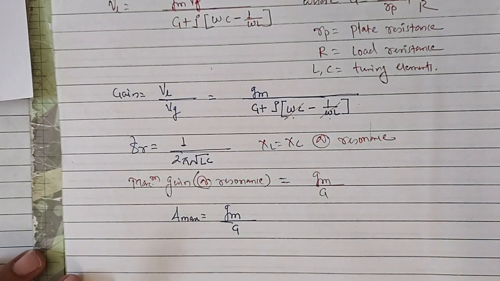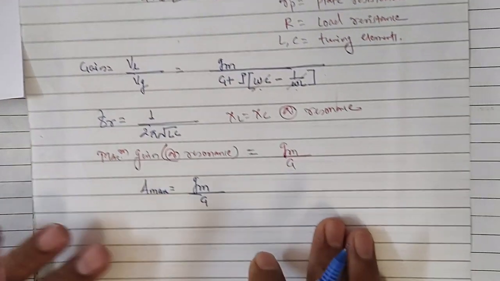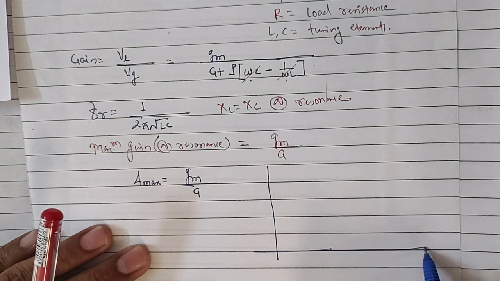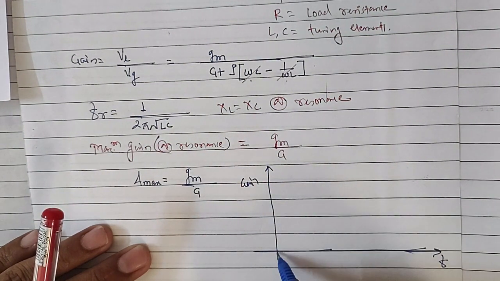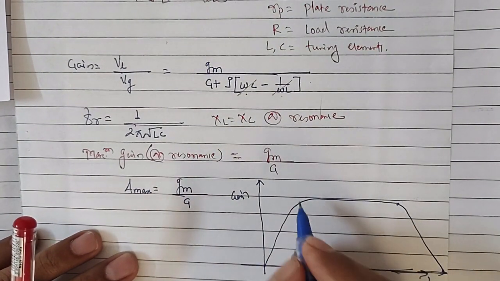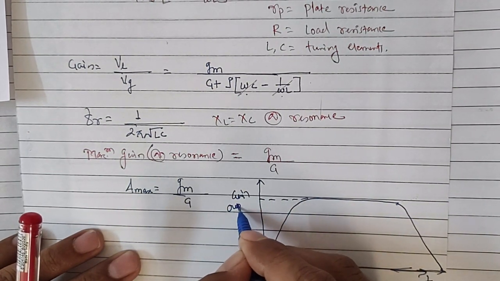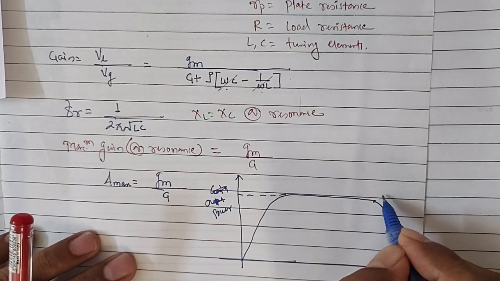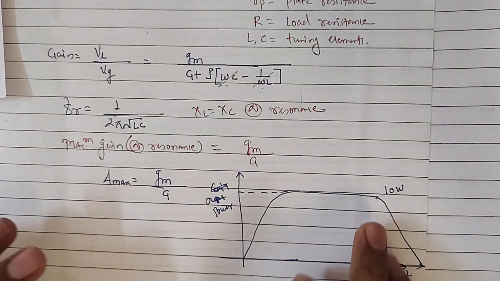Now this is about maximum gain, and now we have to talk about bandwidth. As we discussed at the start, how do we measure bandwidth? If we have frequency versus gain, and the graph is something like this, gain or output power. Let us say we have 10 watt of output power, so the maximum output is 10 watt.